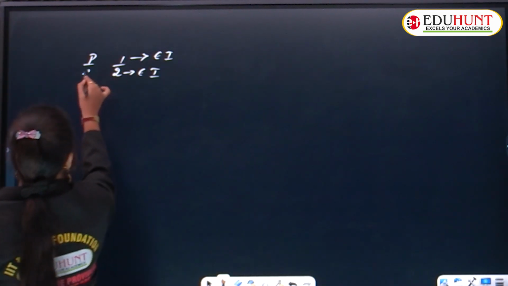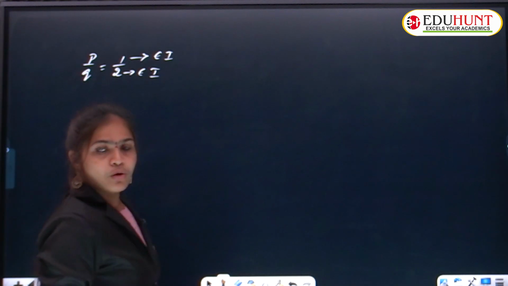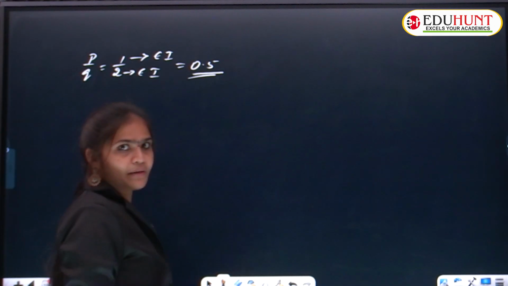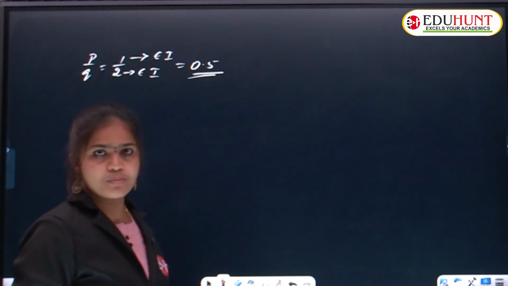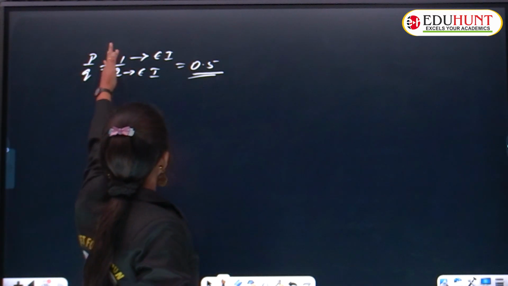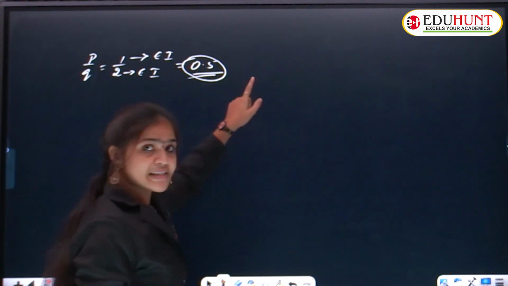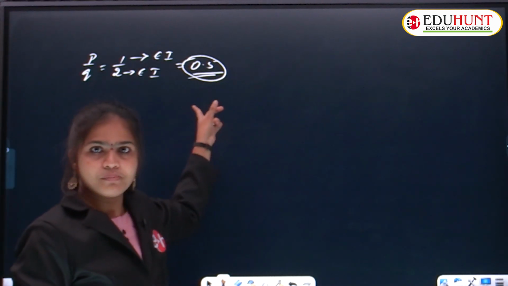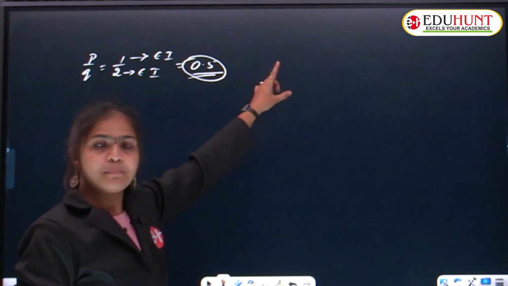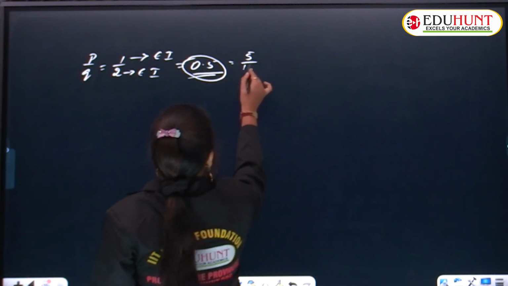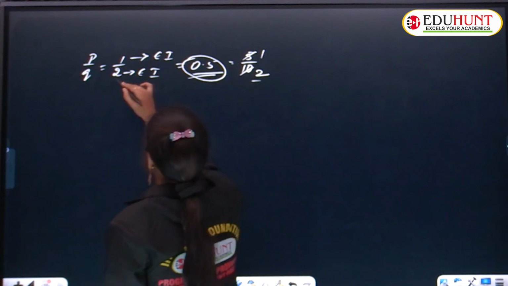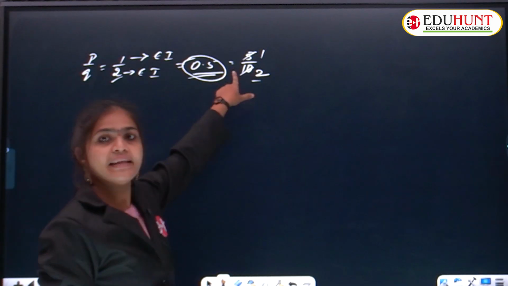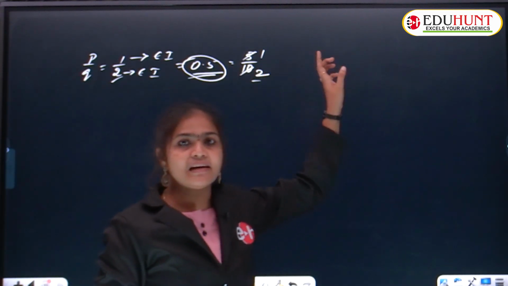Here P by Q is equal to 1 by 2, for example. 1 by 2 gives the quotient 0.5, which is a decimal fraction. The decimal fraction we can again convert into fraction form: 0.5 can be written as 5 by 10. After cancellation we again get 1 by 2 only. So this always depends on the quotient. That's why the set of rational numbers is denoted by the letter Q.